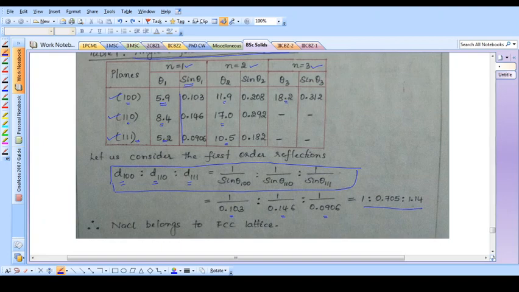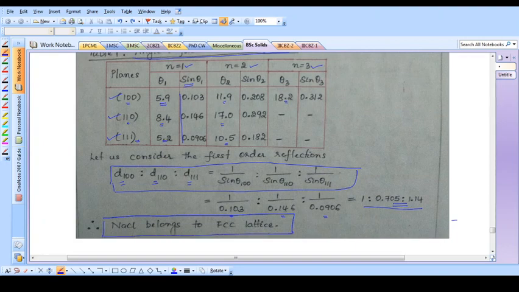And I had given another table from which we can find out the standard values of the ratios d100 is to d110 is to d111, and this ratio is almost equal to the ratio that is generally observed for an FCC lattice. So from this we can conclude that therefore sodium chloride belongs to face centered cubic lattice.